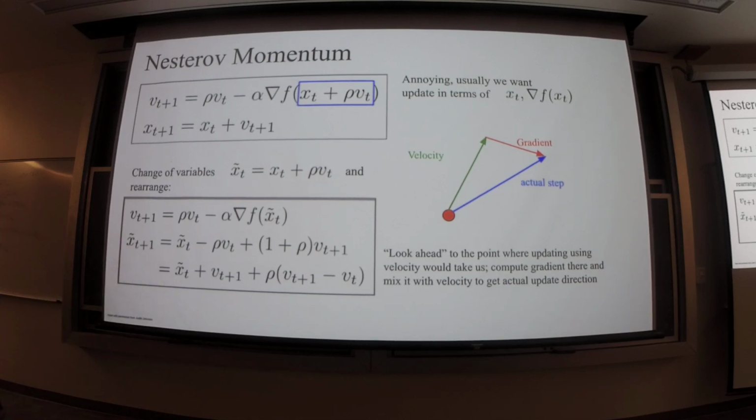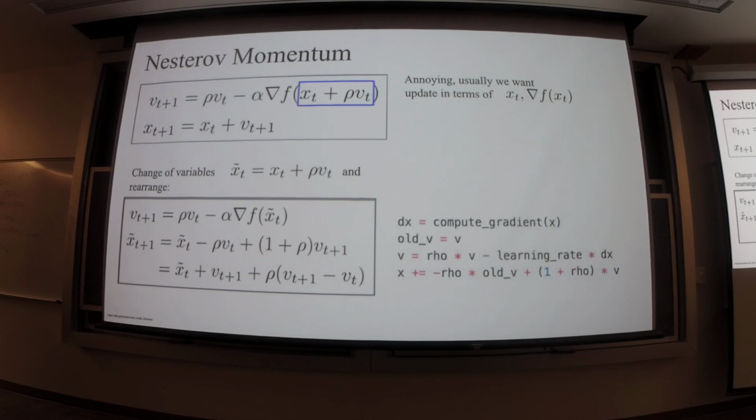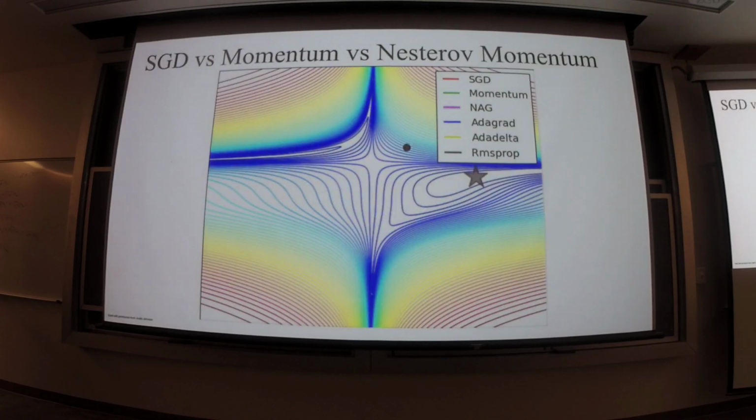So it's like using the history to make an update, then compute the gradient there and then go there. It turns out this actually has nice properties in terms of optimization and smoothing that out.